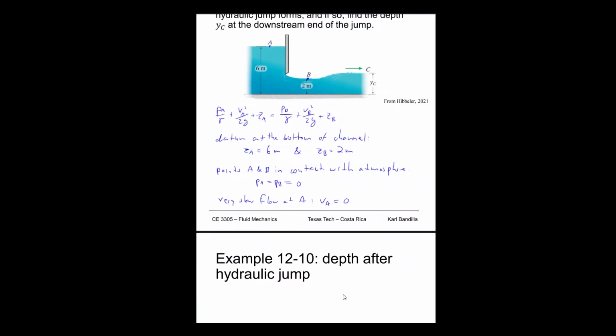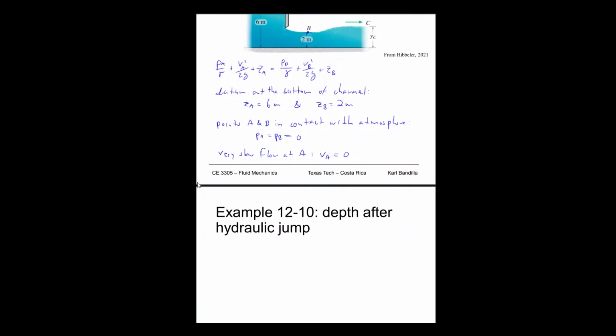So if we plug that all into our Bernoulli equation, then we get 0 at the beginning because there's no pressure. Velocity is so small that we assume it's 0. ZA, we'll just leave as ZA for now. No pressure at B either.